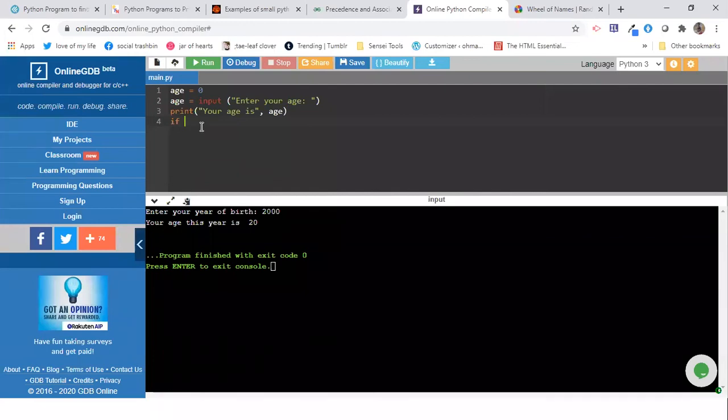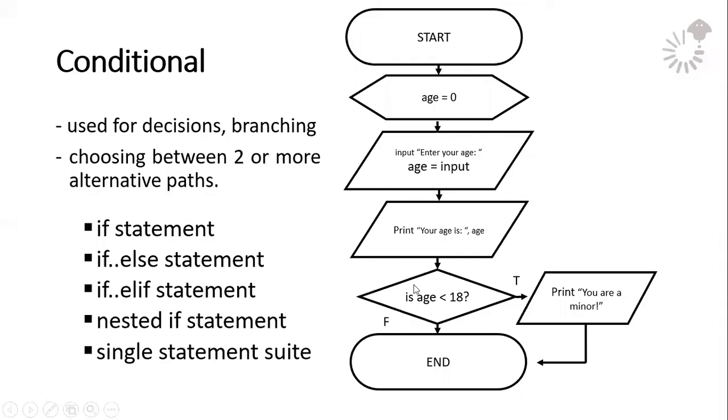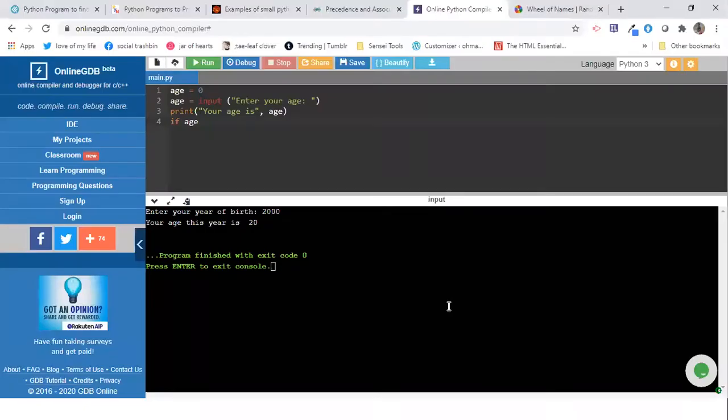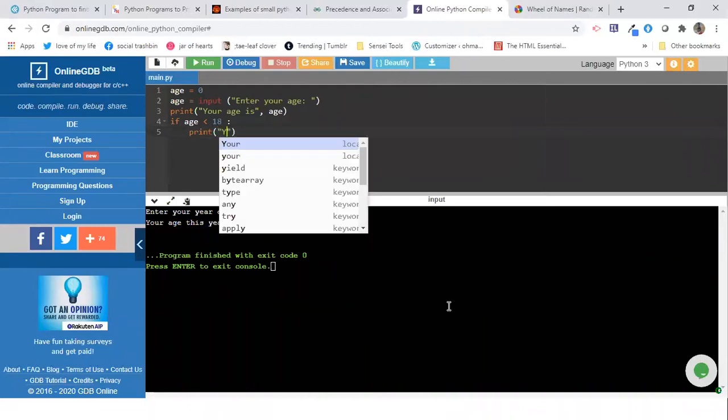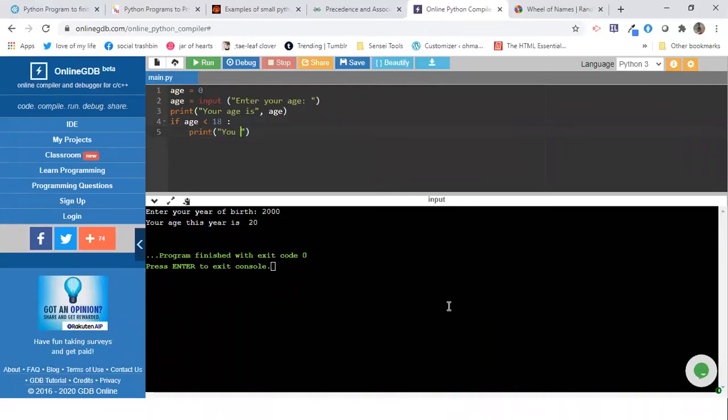So if age, yun yung question natin, age is less than 18, print you are a minor. Okay? Let's check.